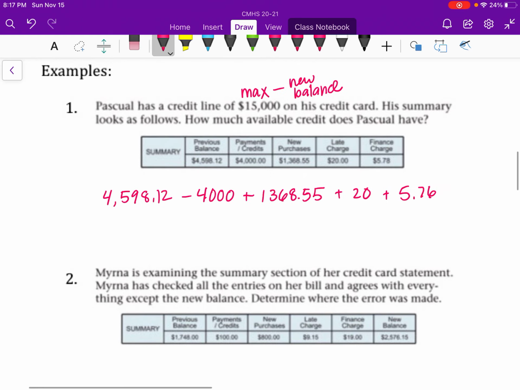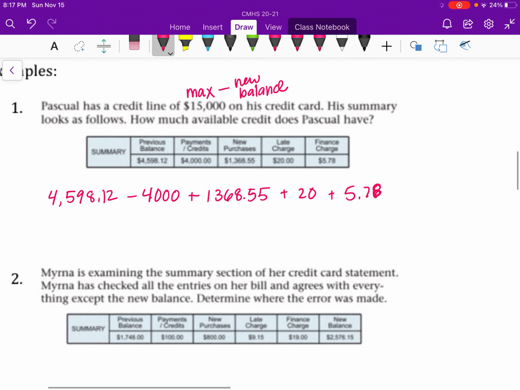Or $578, I think. I think that's an 8. I can't really tell. We'll go with $578. So the new balance now is $1,992.45. So that's not the answer, that is the new balance.